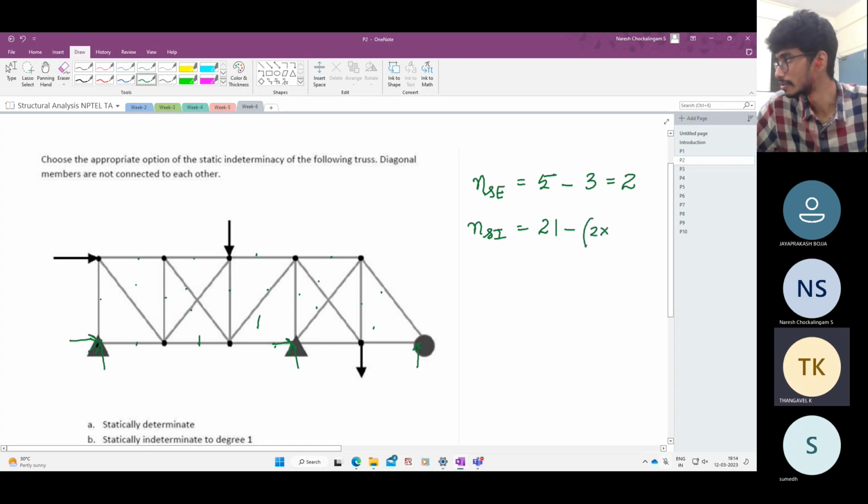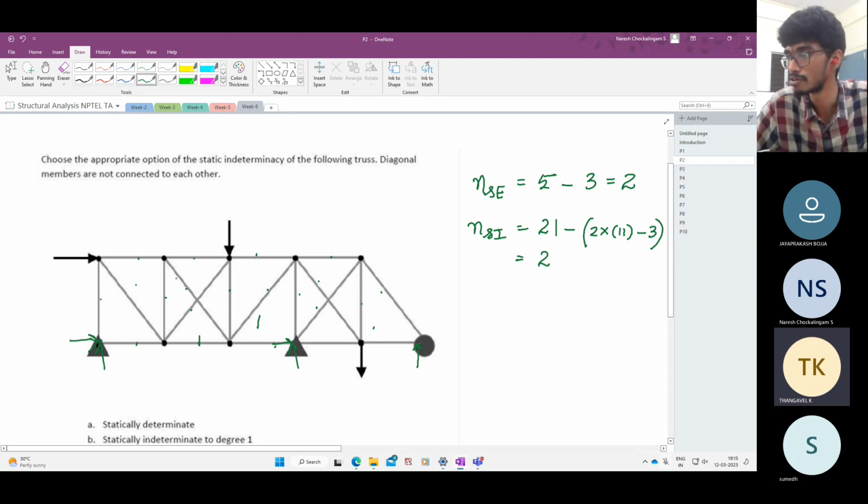So 2 into 11 minus 3 is 19. So there are 2 redundant members.